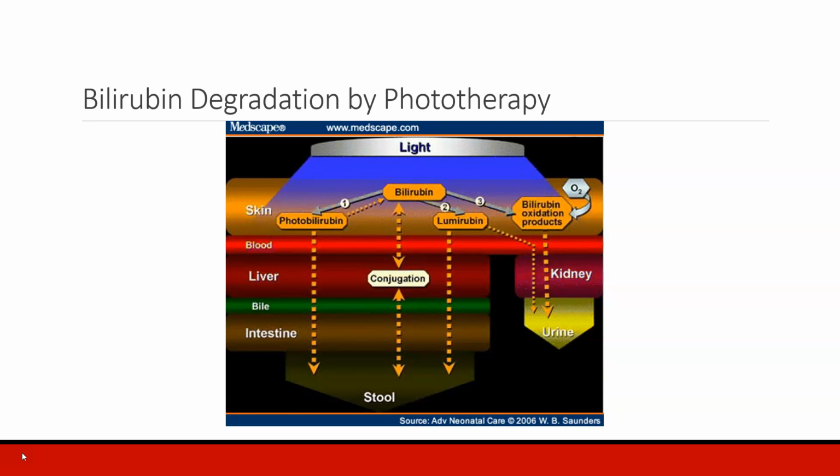And oh my goodness, the stools are just so gross and nasty. They're a really dark green. If any of you have been around newborns, stools are usually a very pale tan or a darker tan. But yeah, these were not nice to look at.